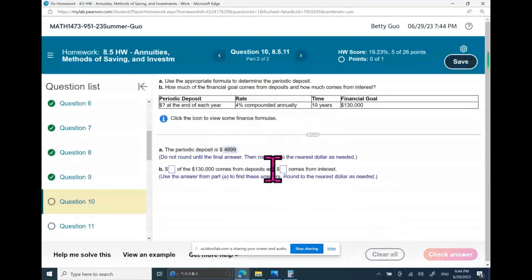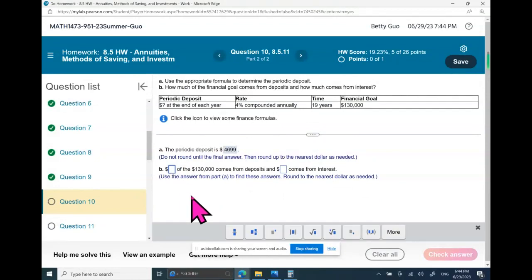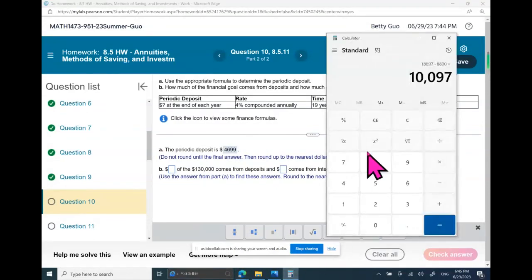Okay, next. Oh, we have another part. Sorry, we have part B of this problem. How much of the $130,000 comes from deposits, and how much comes from the interest? To find out how much comes from the deposit, let's figure out how much you have been depositing.